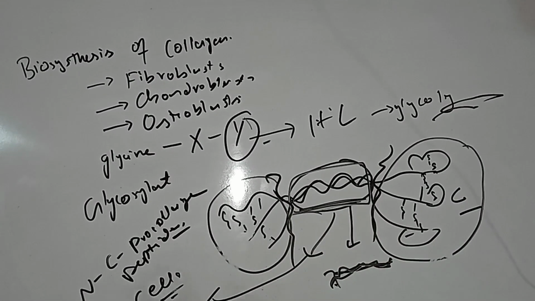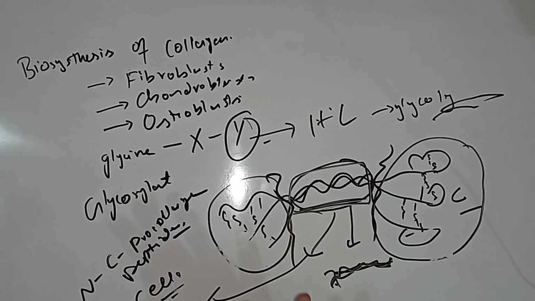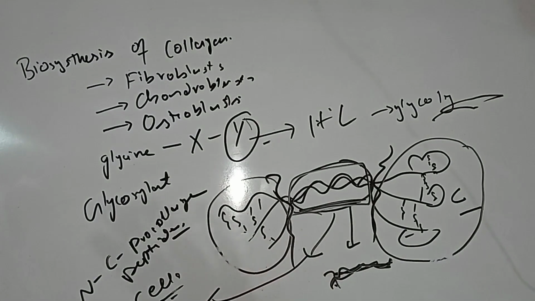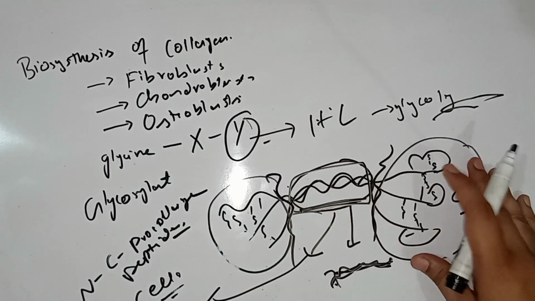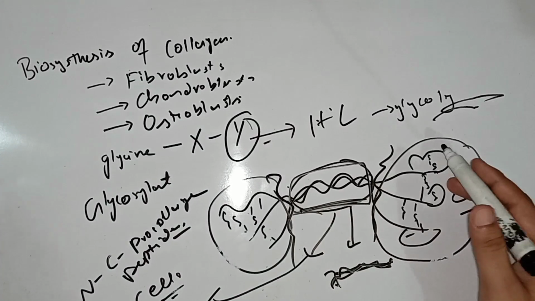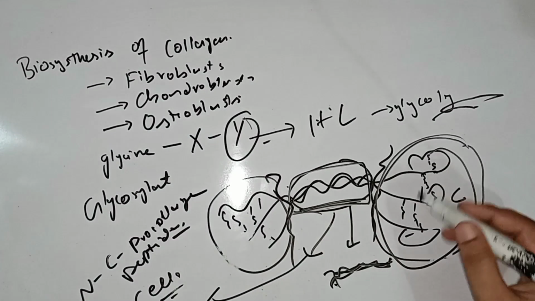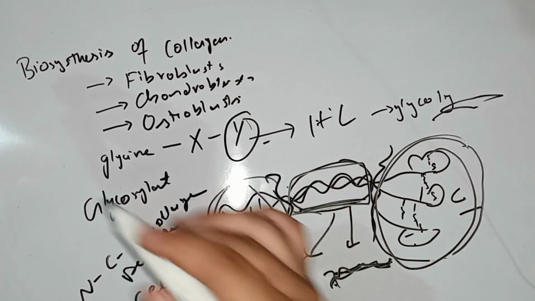So what has happened? Hydroxylation of pro-alpha chain occurred, then glycosylation of pro-alpha chain occurred, then the central portion arranged into a triple helical structure, while at C terminal there was disulfide bond formation. These are called propeptides here, and there is propeptide at the N terminal.